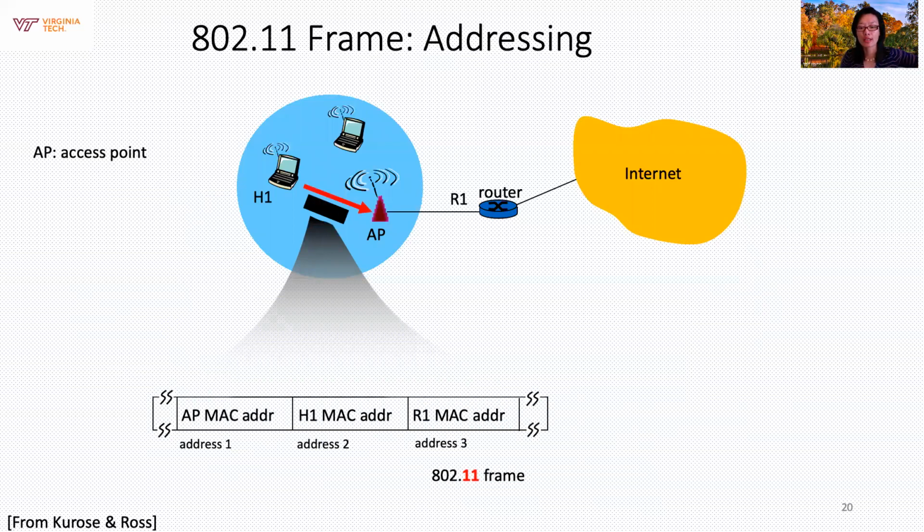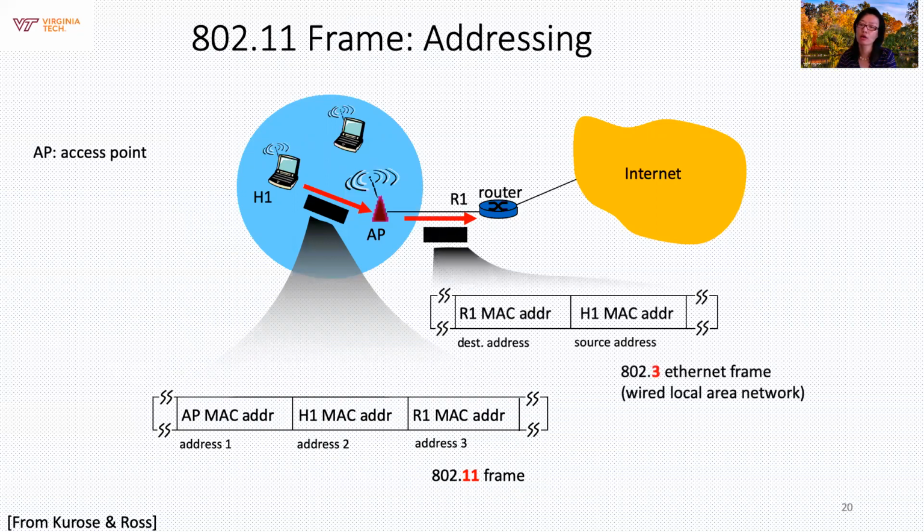And as I said, it's local, so if you look at the 802.11 frame, you have the access point's MAC address, your own MAC address, and then you also have the router's MAC address, because once you get out of this LAN, the access point will have to know where to send this frame.